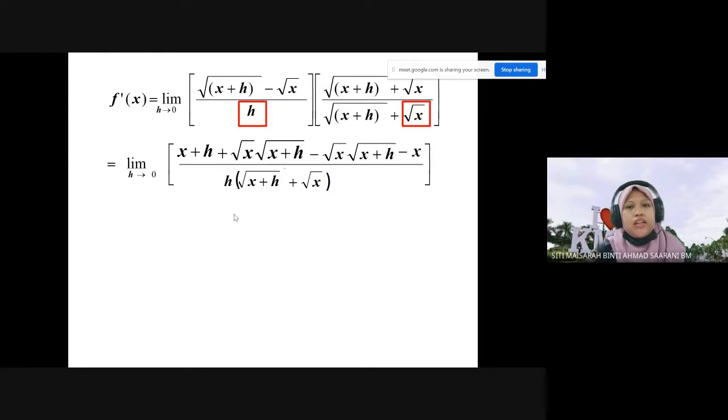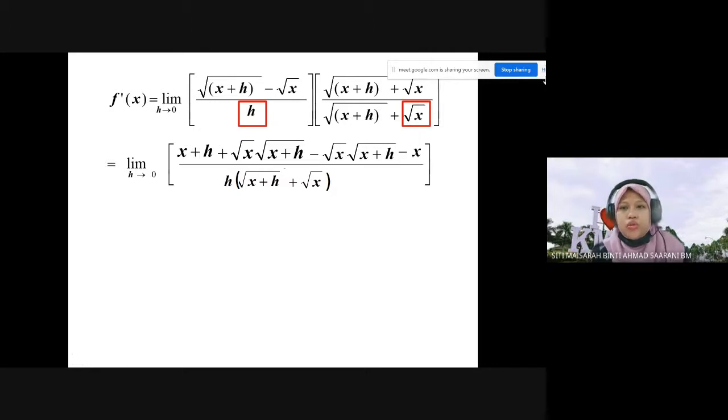And then kat sini kalau kita tengok dekat part numerator dia, kat sini we have x plus h plus √(x+h)√x minus √(x+h)√x. Ini sama. Dan satu tambah, satu tolak. So jadi dia boleh tolak lah. So dia akan habis kat situ.